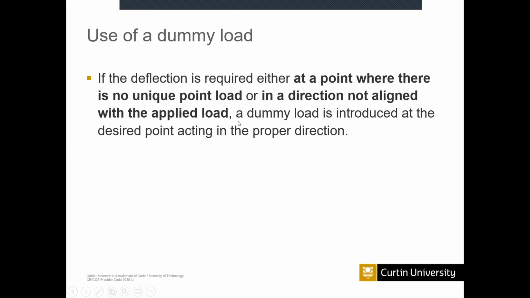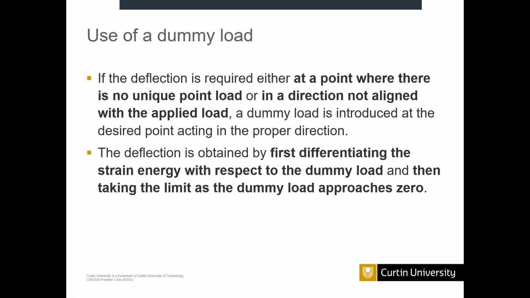With the applied load, a dummy load is introduced at the desired point acting in the proper direction. So that's the way. The deflection is obtained by first differentiating the strain energy with respect to the dummy load and then taking the limit as the dummy load approaches zero. So dummy load means actually it is not available, but you just use it; that's the meaning of dummy.